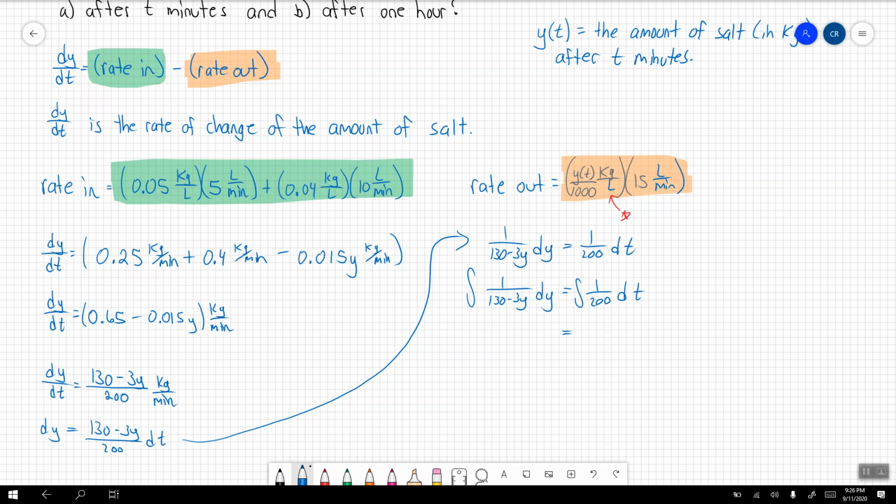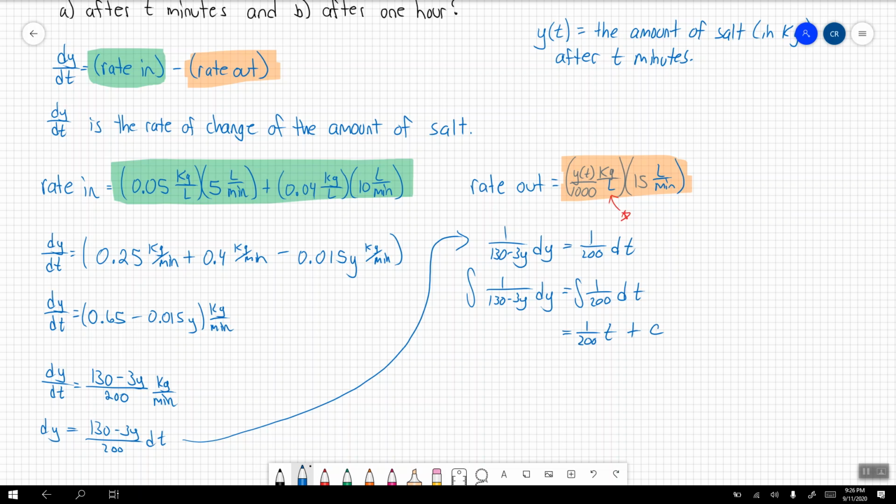Now, once we integrate, is when we can start extracting what we need. On the right-hand side, that's still going to be 1 over 200, but since we're integrating with respect to t, it'll be 1 over 200 multiplied by t plus some constant.